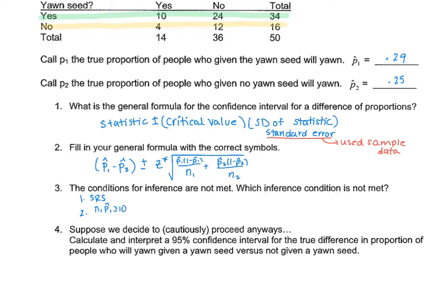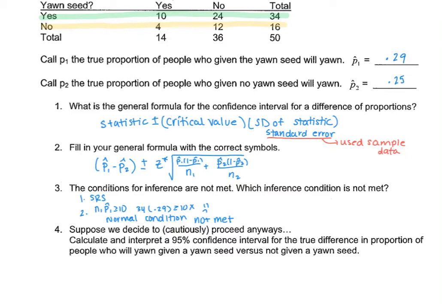In this case, n1 was 34 and p hat 1 was 0.29. That is not greater than or equal to 10, so we can stop there. That condition is not met, so the normal condition is not met.